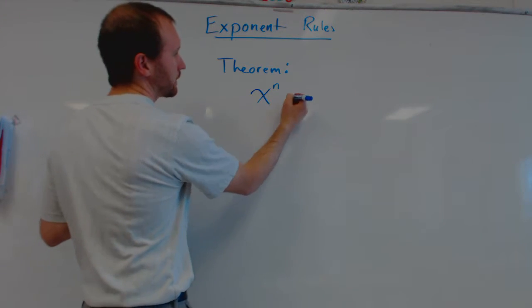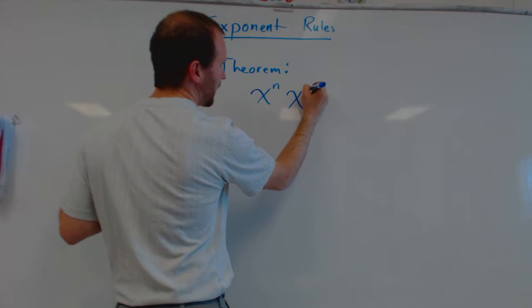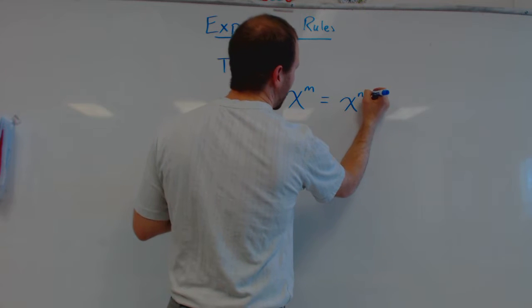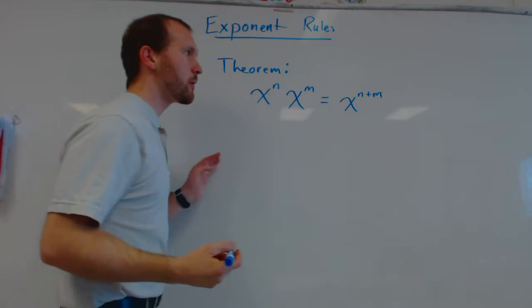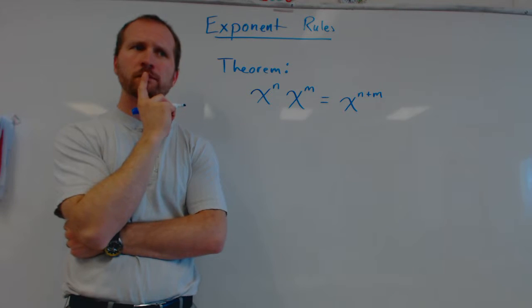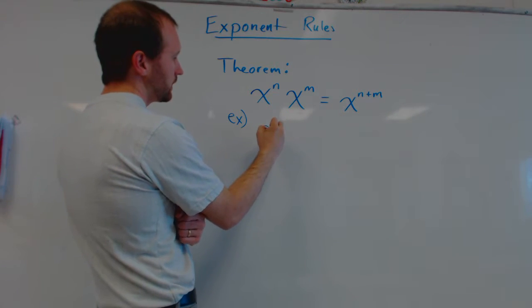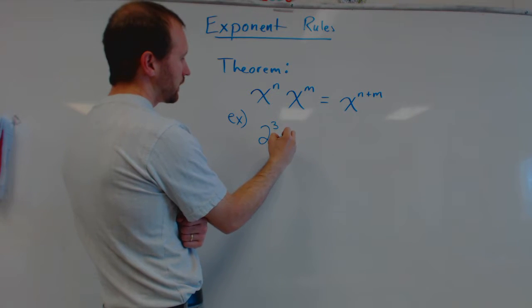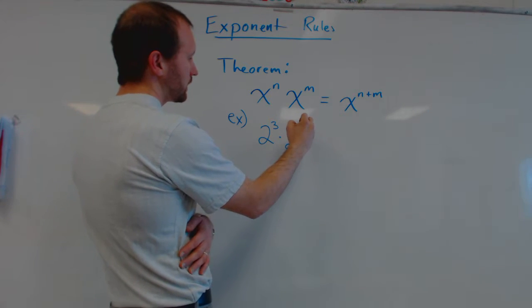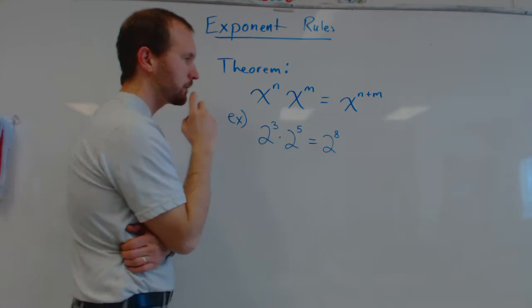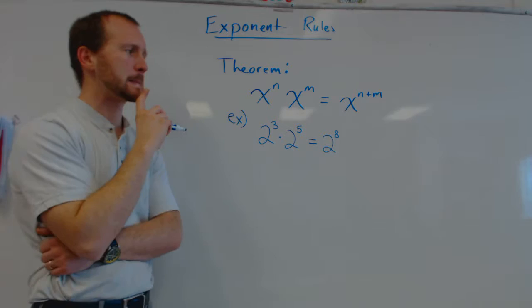x to the n times x to the m would be equal to x to the n plus m. So before we prove this, an example of that would be something like this: 2 to the third power times 2 to the fifth power would be equal to 2 to the eighth power.